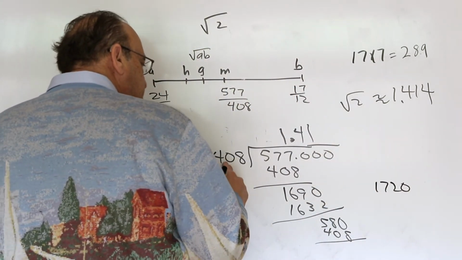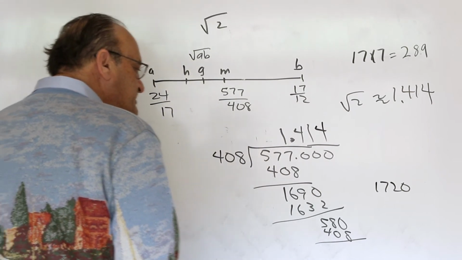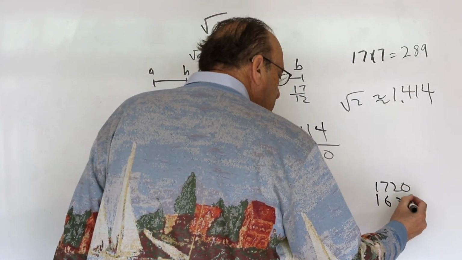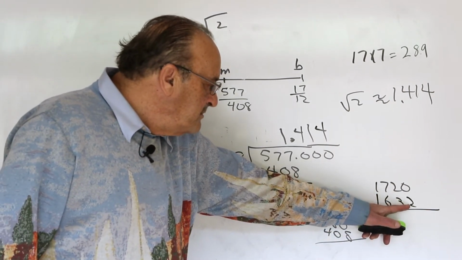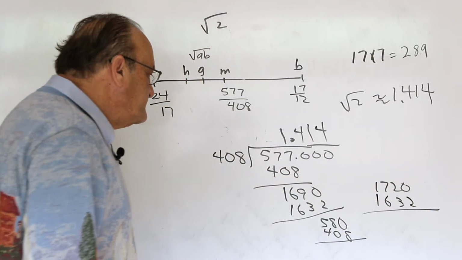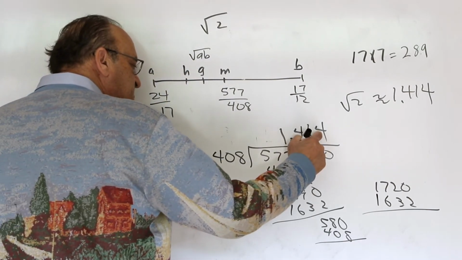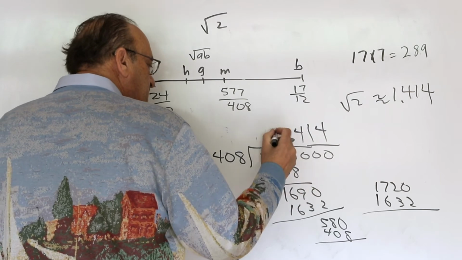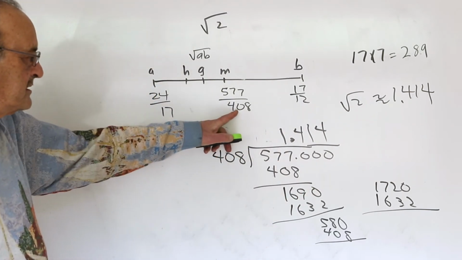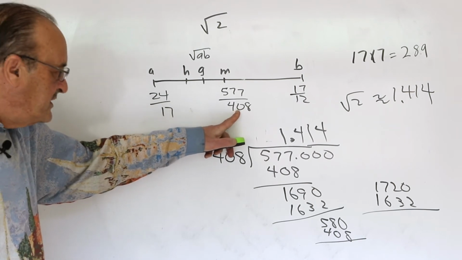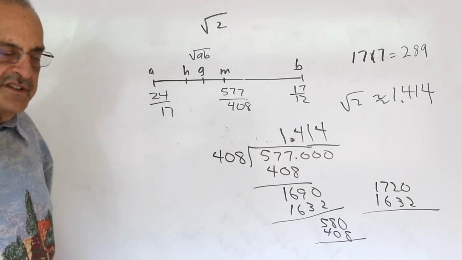I'm going to expect this goes into here 4 times. 4 times 408 is 1632 again. If I subtract, I'm going to get 68 plus 20, that's 88. And 88 is less than half of 408, so this does not round up to 5. And this is accurate to 3 decimal digit accuracy. So we were able to hand calculate the square root of 2 to 3 decimal digit accuracy.